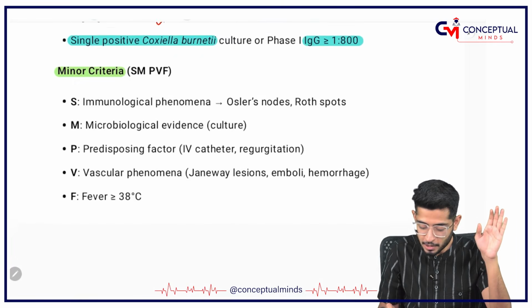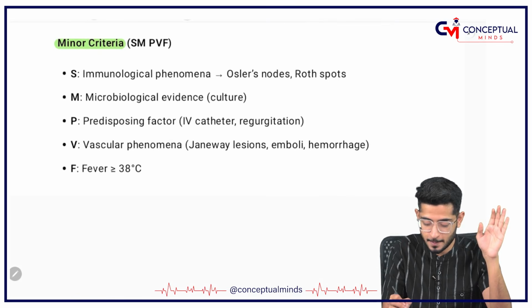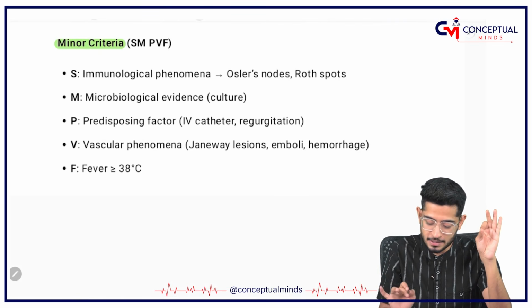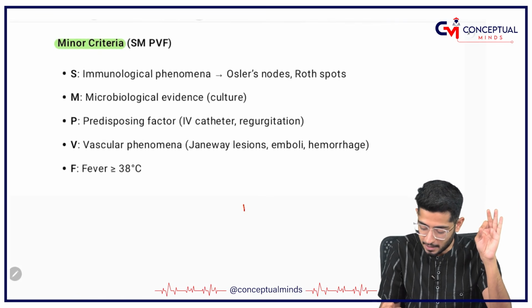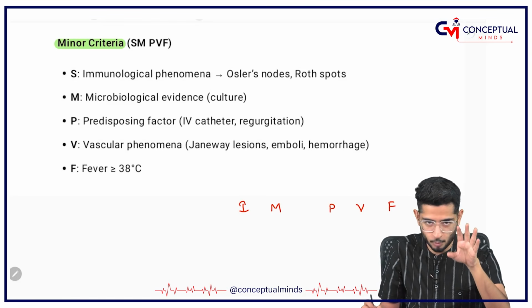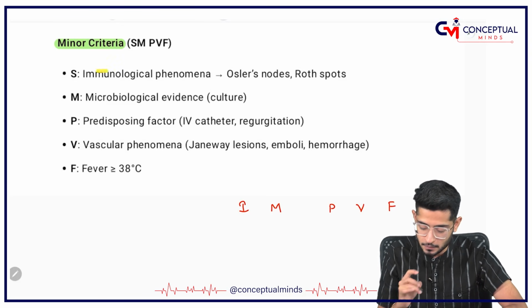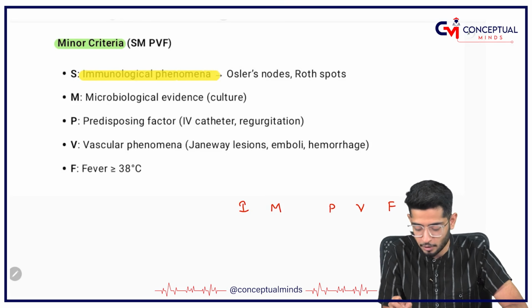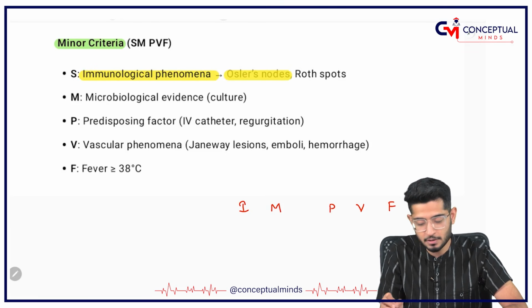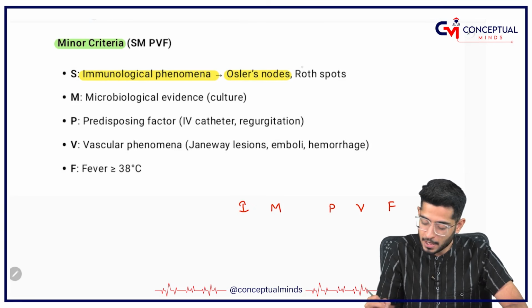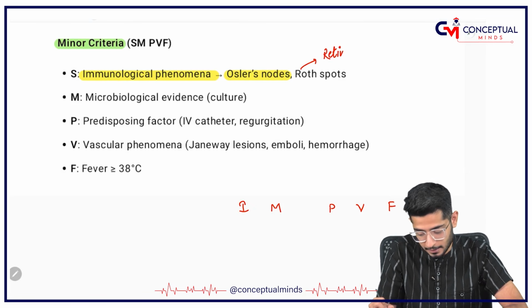Coming on to minor criteria. What is the criteria? Then I will discuss the mnemonic also. I for immunological phenomena, just like Osler node we have already discussed. And what is Roth spot? These are the spots in the retina.